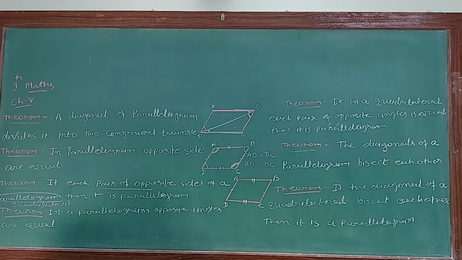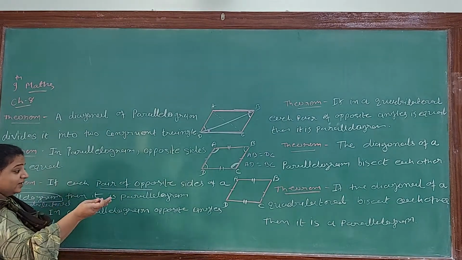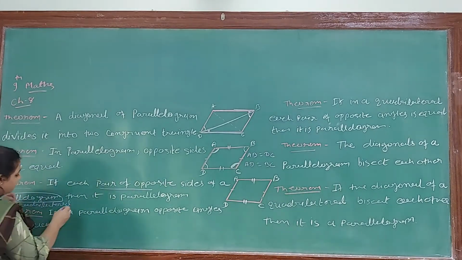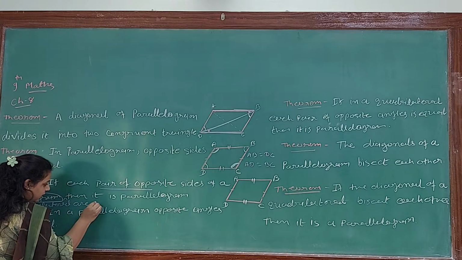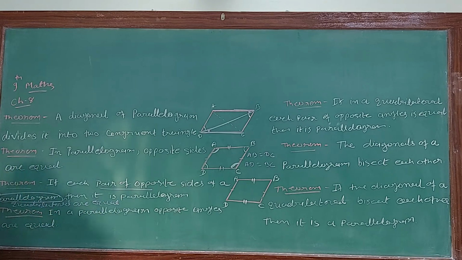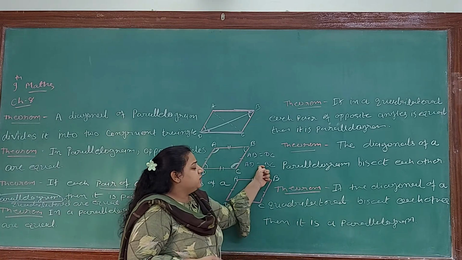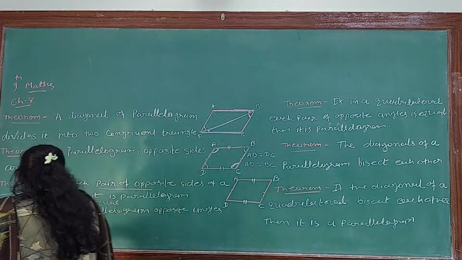Something is missing. Equal, ma'am. So equal. If each pair of opposite sides of a quadrilateral are equal, we will add over here, I am writing with another color, are equal, then it is a parallelogram. Simply they are saying if this kind of condition is there, it is a parallelogram. It is a vice versa theorem.